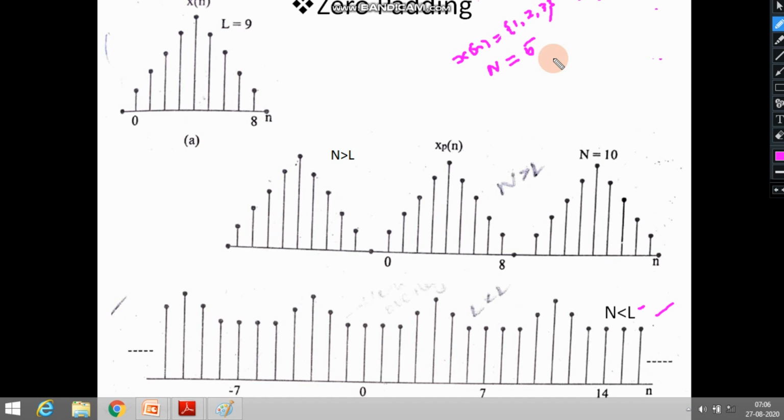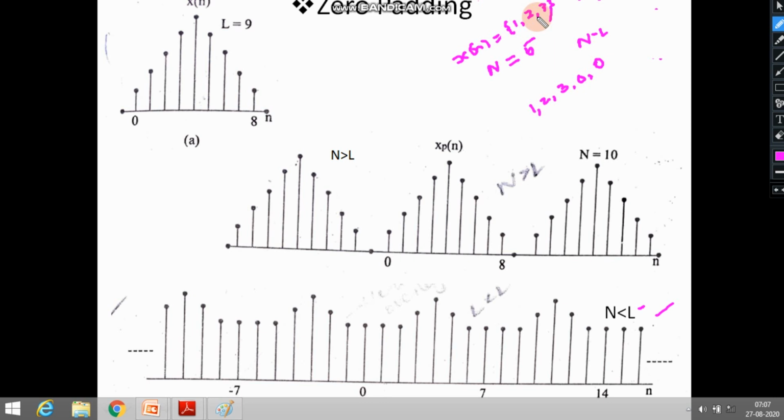Then what we have to do is add N minus L zeros to the end of the sequence. The sequence is 1 2 3, and at the end we have to add N minus L zeros, that is, 5 minus 3 is equal to 2 zeros, 0 0. So the sequence now has 5 elements, which is equal to N.